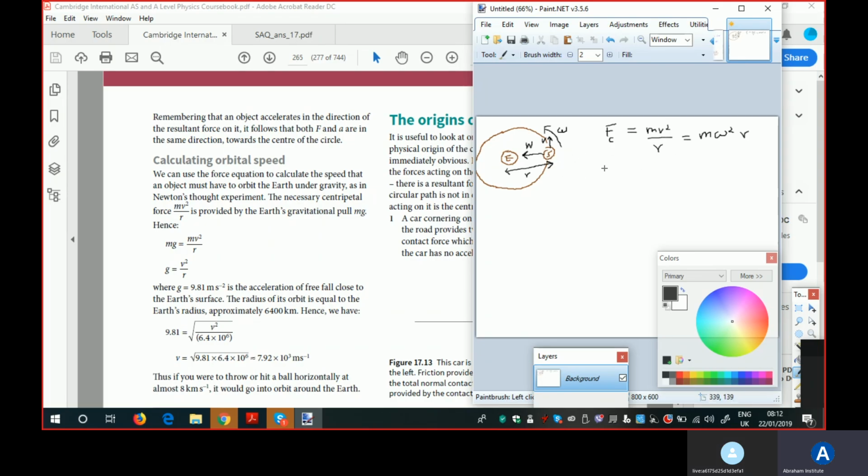The mass is constant wherever it is, but the weight changes from place to place. So in this case, the centripetal force is the weight of the satellite due to the Earth. So that is mg, mass of the satellite times the gravitational field strength. That is equal to mv squared over r, and also we can say it is equal to m omega squared r.